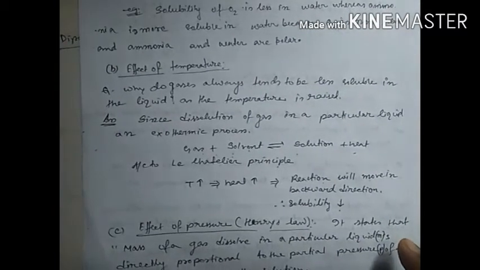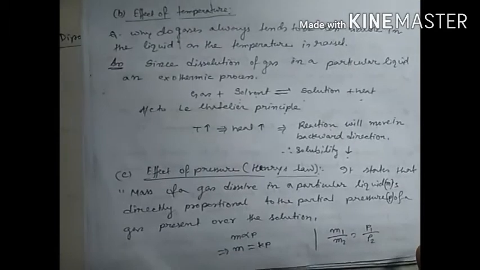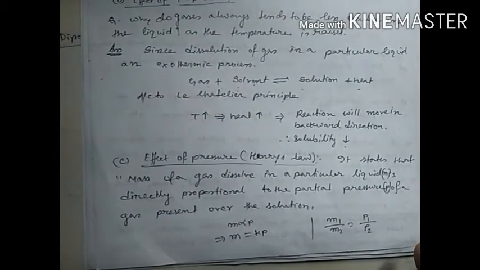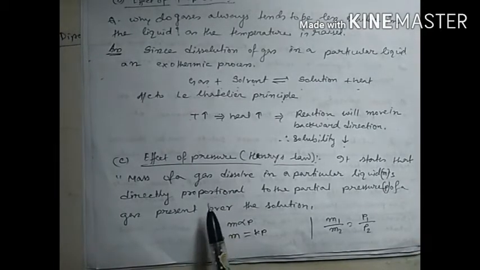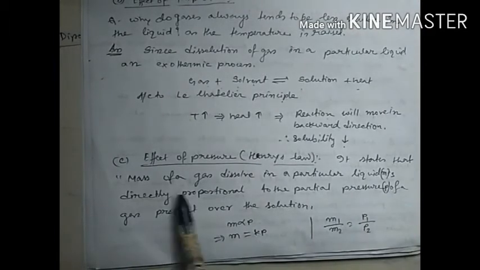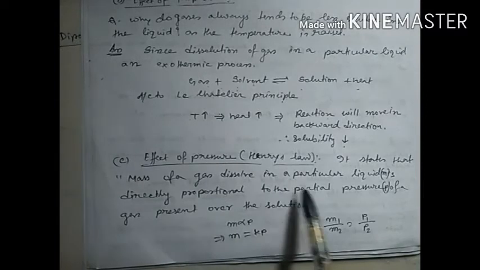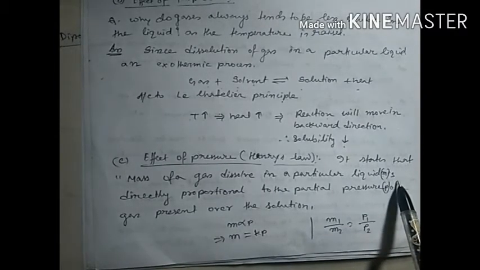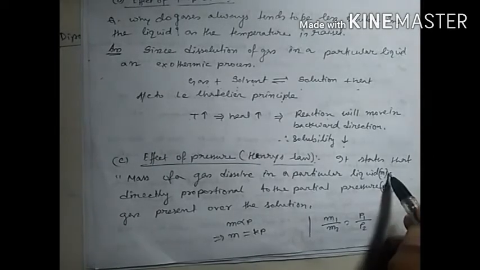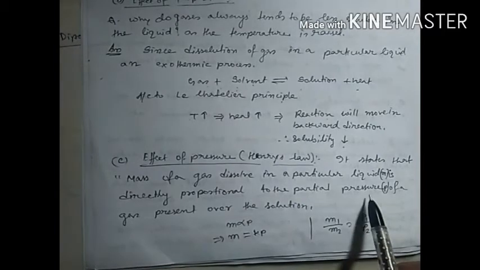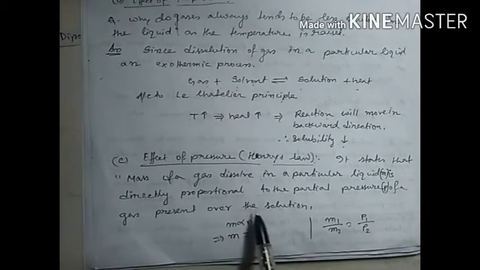Next is the effect of pressure. That means Henry's law. One of the most important laws is Henry's law. How does pressure affect the solubility of a gas in a liquid? Henry's law states that the mass of a gas dissolved in a particular liquid, that means mass of gas is m, is directly proportional to the partial pressure of the gas present over the solution.